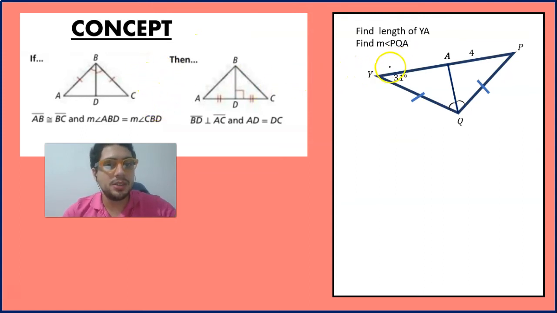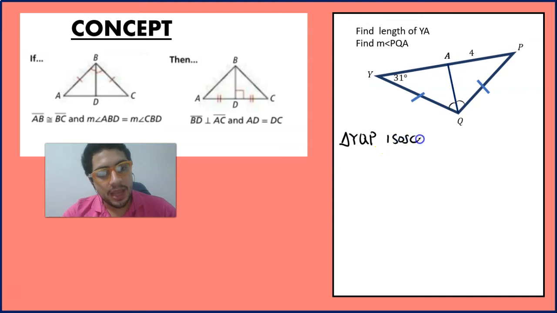As you can see here on the right, we're asked to find the length of YA, and we're also asked to find the measurement of PQA. As we can see from this problem, the triangle YQP is an isosceles triangle. The reason we know that is because YQ is congruent to QP.